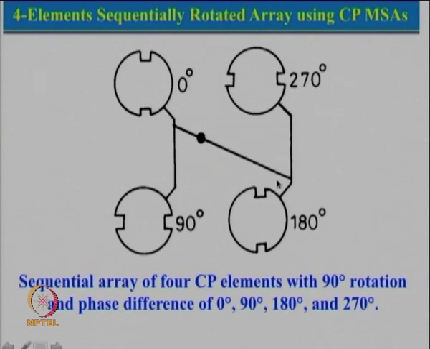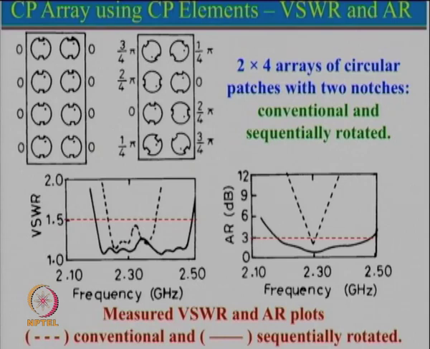So, they will try to cancel each other, and hence we get a very broad VSWR bandwidth also. You can see that in the entire range here, in fact, over this bandwidth, VSWR may be even less than 1.3 or 1.25 also, but we get a fairly large axial ratio bandwidth. So, it is basically a very good circularly polarized antenna.